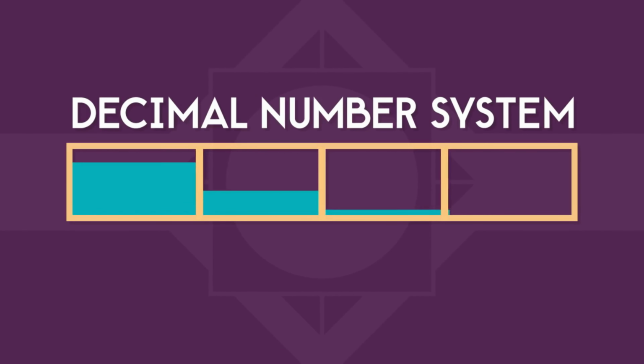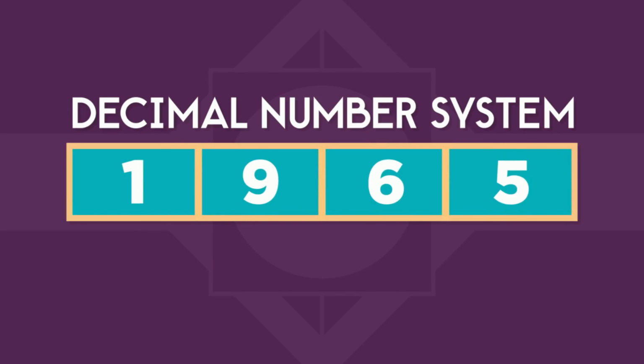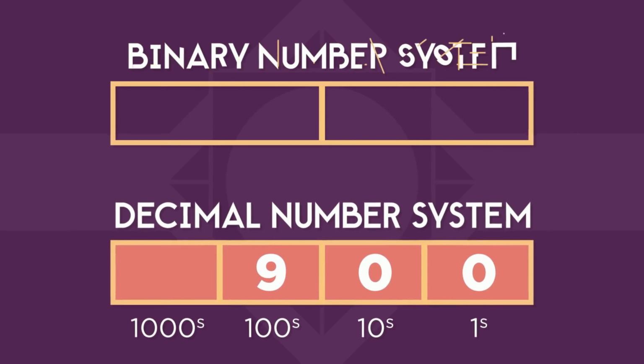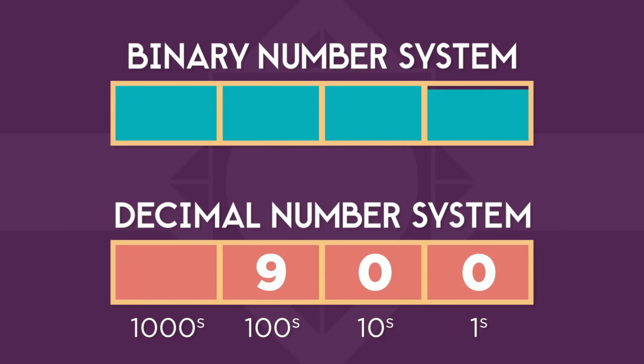Here's how this works. In the decimal number system we're all used to, each position in a number has a different value. There's the 1 position, the 10 position, the 100 position, and so on. For example, a 9 in the 100 position is a 900. In binary, each position also carries a value, but instead of multiplying by 10 each time, we multiply by 2.